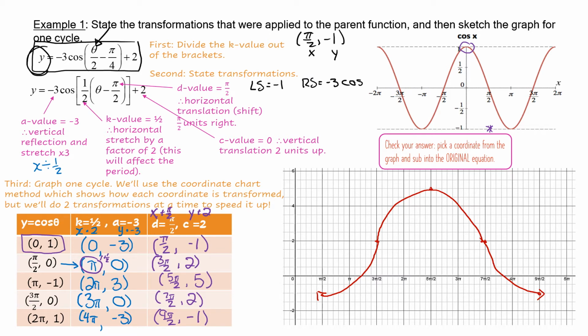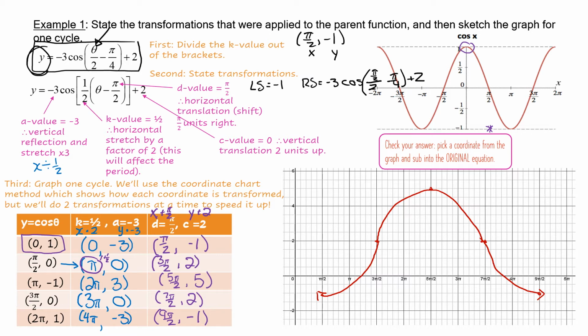And now subbing in, this gets a little weird here. My theta is pi over 2, and then that's got to go over 2, minus pi over 4, plus 2.